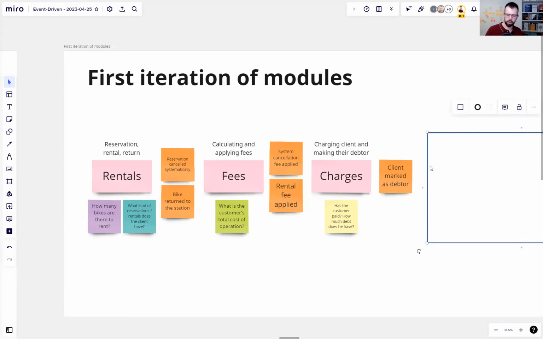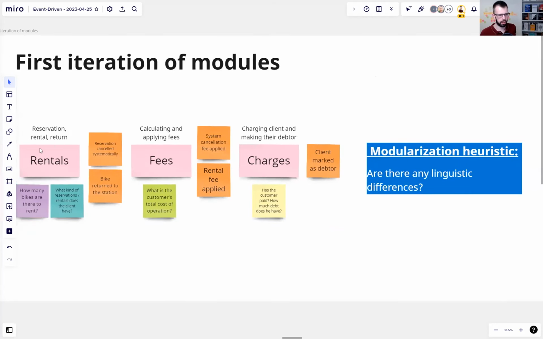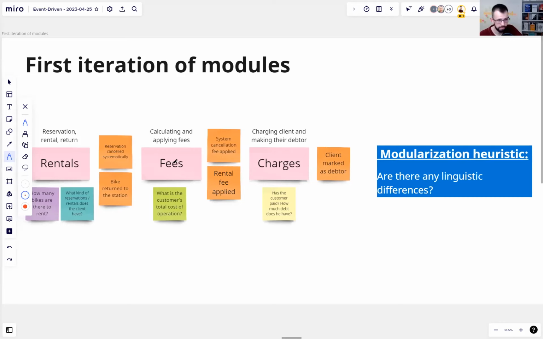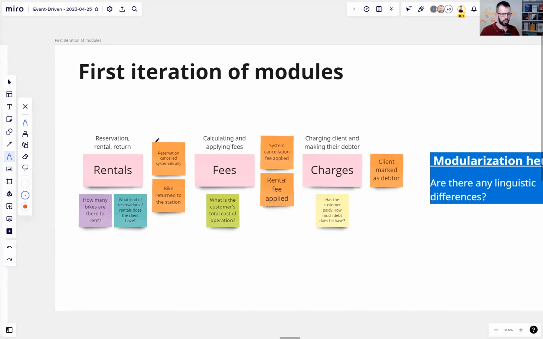Another heuristic that can be used here is about linguistic differences, about how you perceive the same name in the different modules that we have come up with. In this business area, the main word that can be used differently in different modules is, of course, bike, since we have bike rentals. So what kind of understanding of the word bike can there be in different modules?